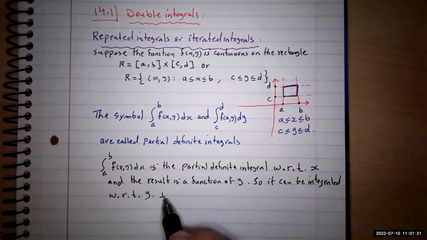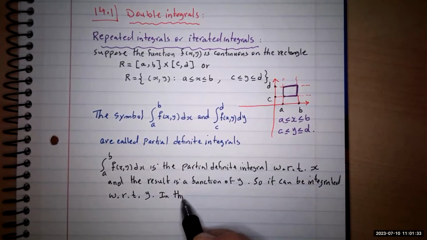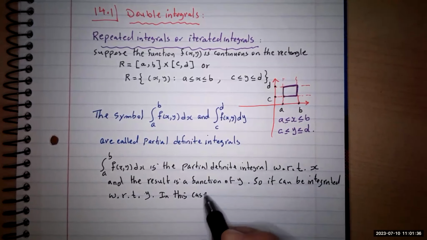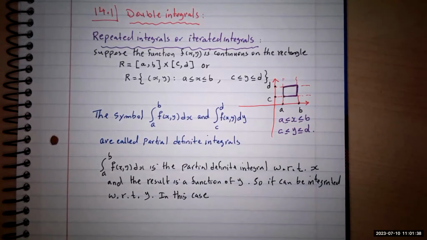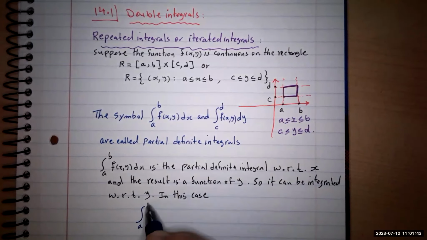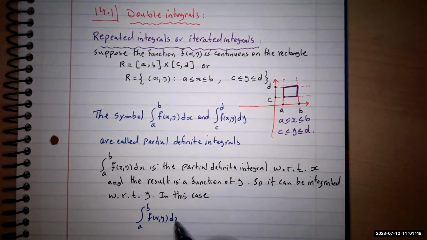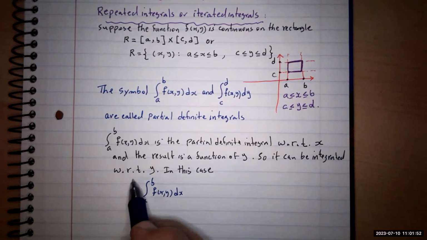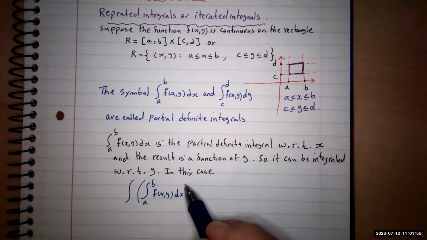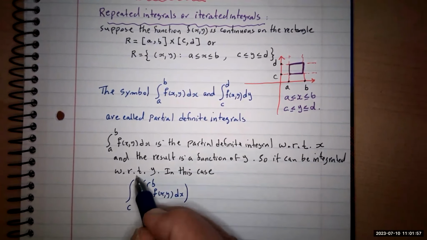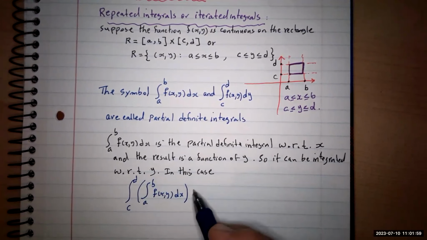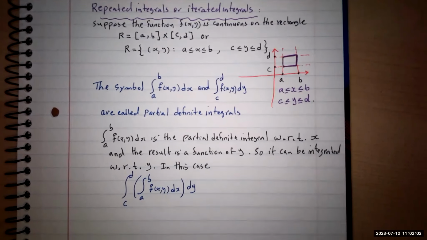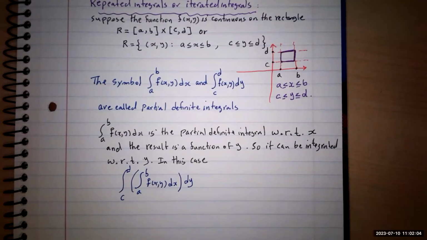In this case, look at this. We already got the integral from a to b, f of x comma y, dx. Now this is a function of y, so we integrate this new one from C to D, but this time with respect to y.